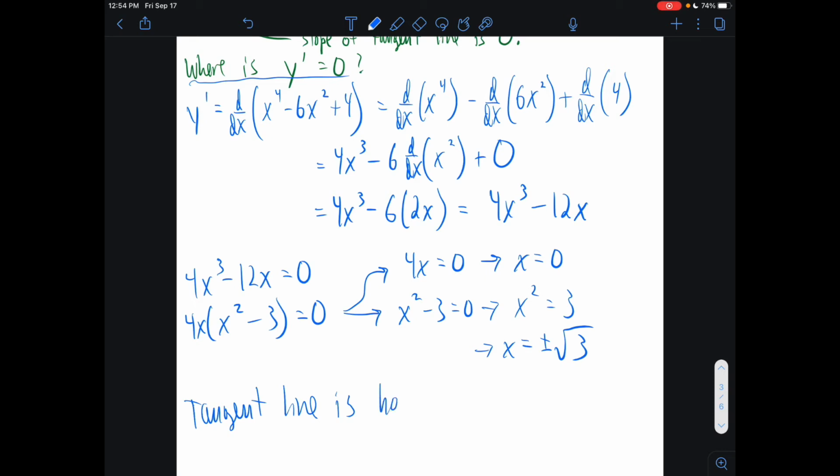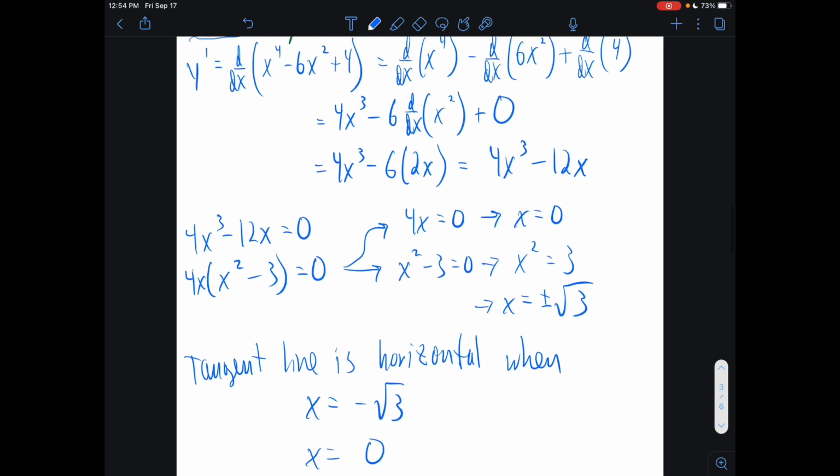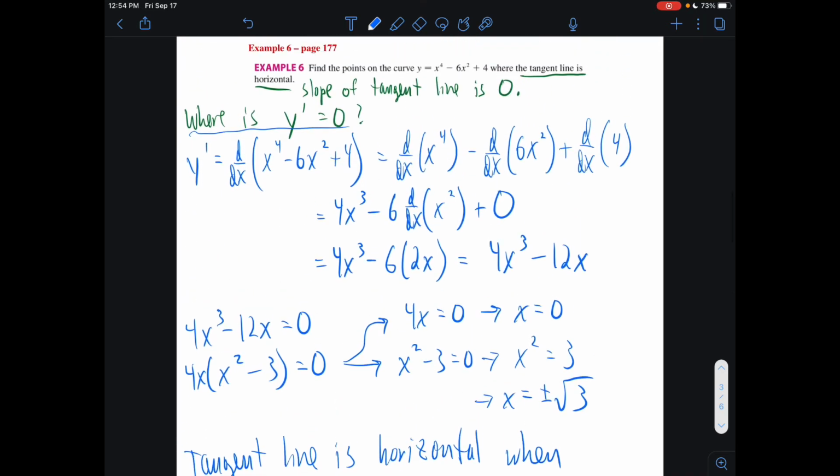The tangent line is horizontal when x is equal to negative square root of 3, x is equal to 0, and x is equal to positive square root of 3. If you wanted to know the y values for that, you could plug those into your original function.